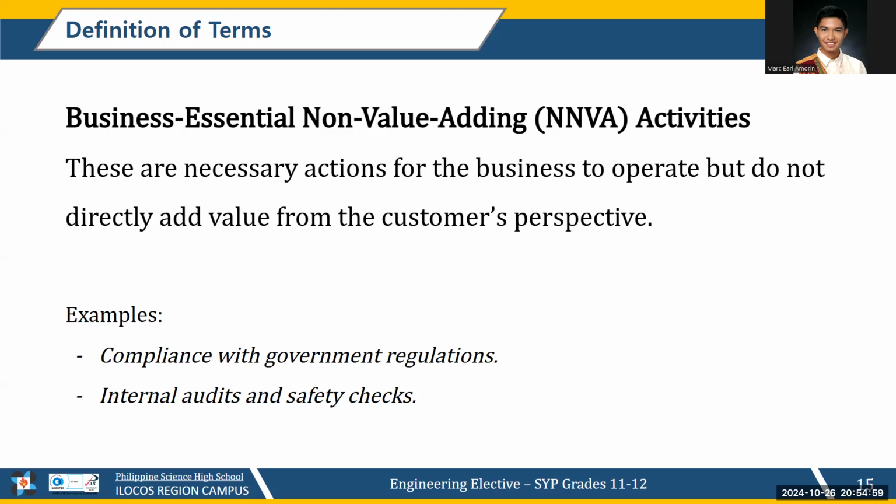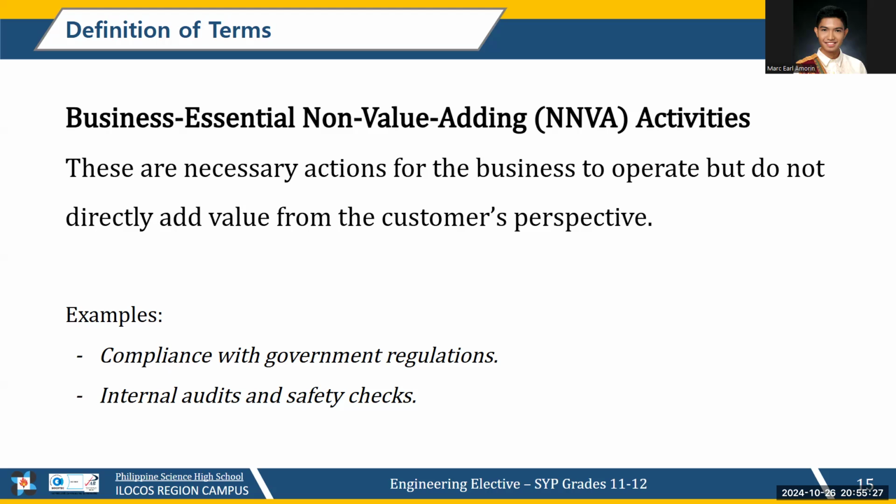So for example, if you are engaged in a construction activity, if you are the client and one person is the contractor, so in order for the contractor to finish his or her contract with you as the client, the contractor needs to secure necessary permits. One of which is the building permit, okay?